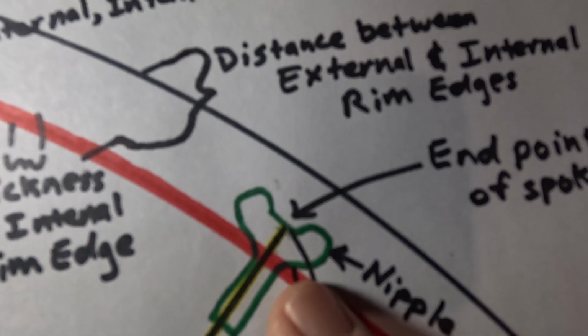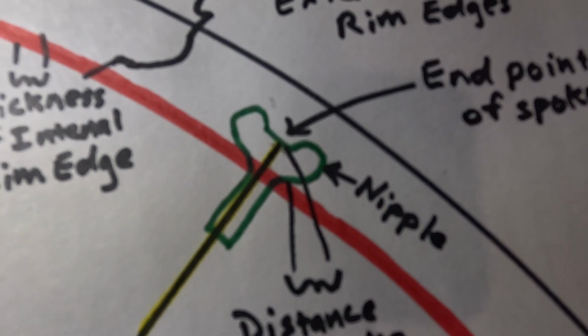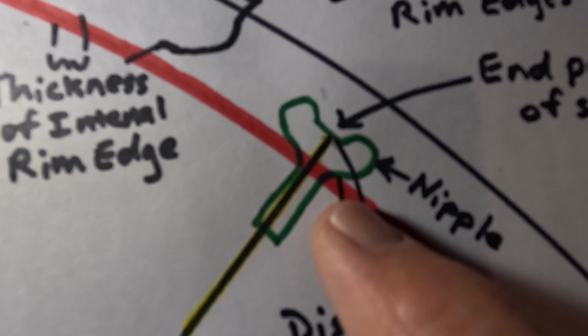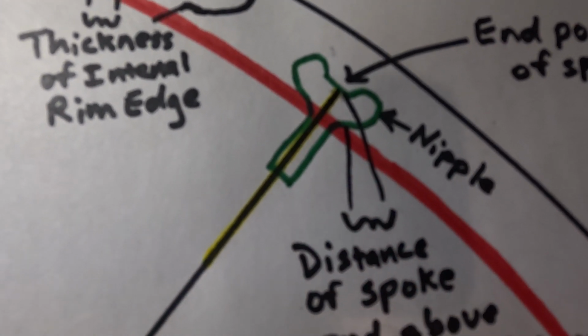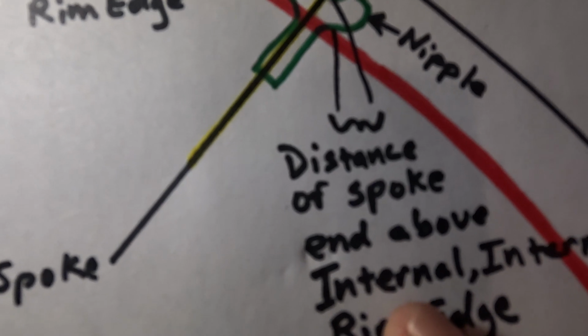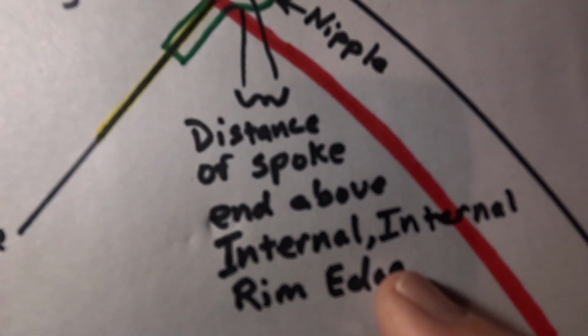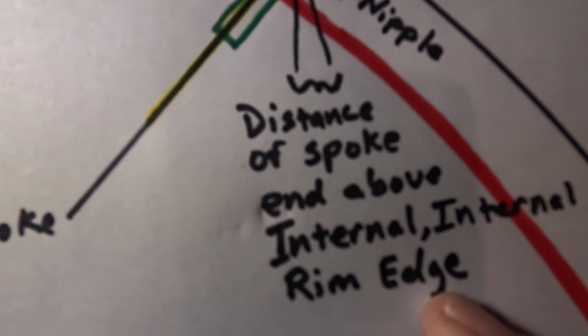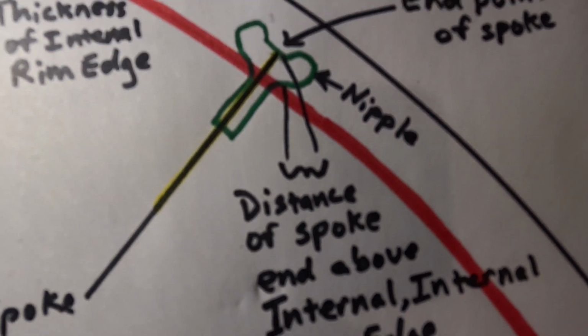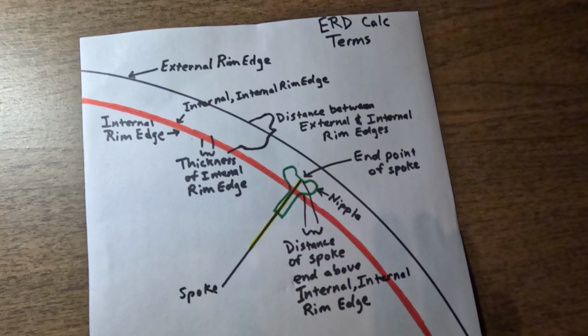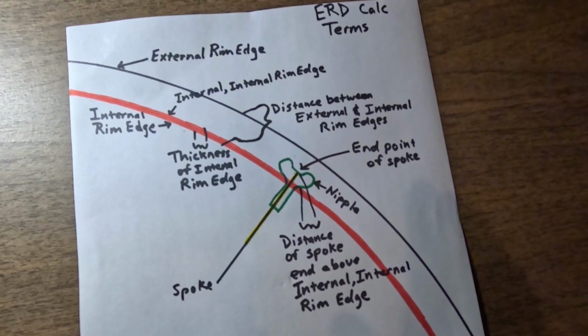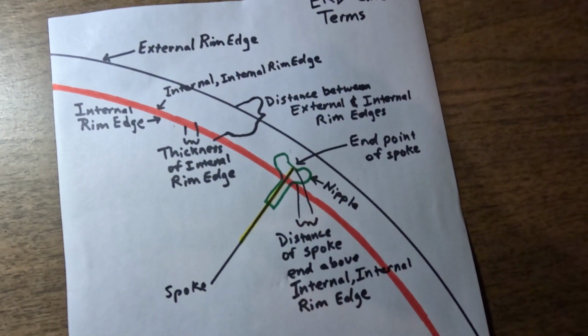Now we also need to be concerned about a distance, and that distance is the distance of the spoke end above the internal rim edge. Okay? So those are the concepts that we need to deal with as we move forward in the calculation.